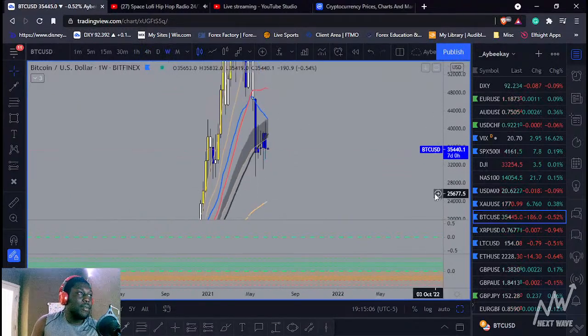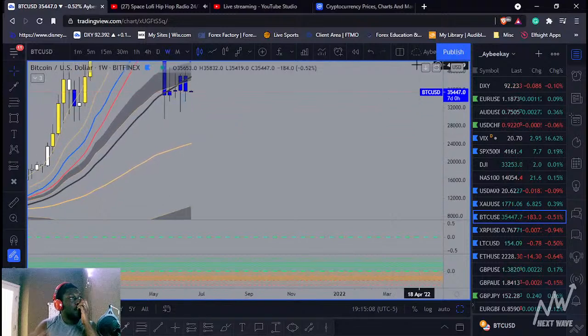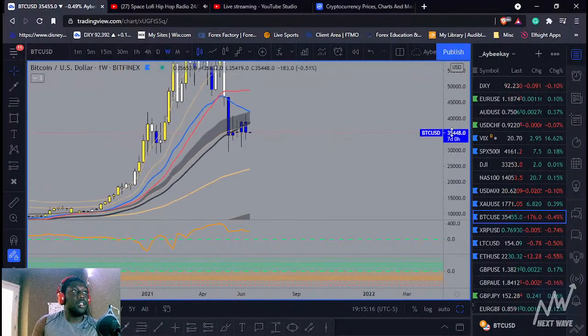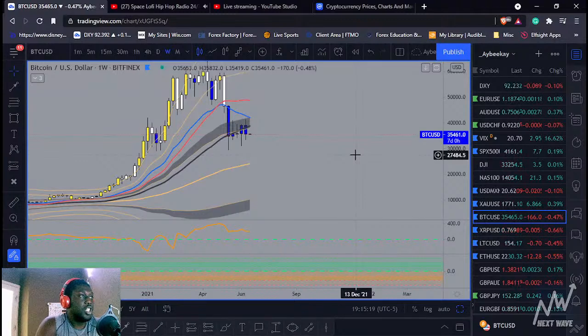I am not a fan of this. This is my only thing with the cryptos that I'm still iffy about, and this is just because of arbitrage, right? This is what I use as my edge in the market. It's under the RSI line, but that compass line is nowhere near it.